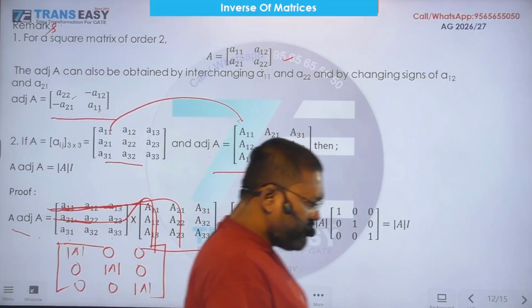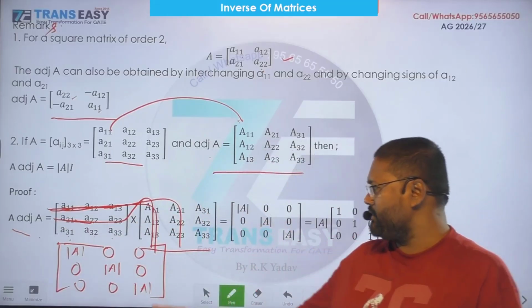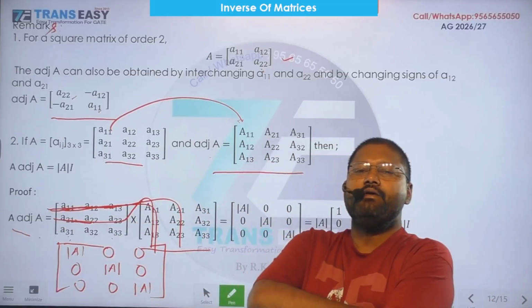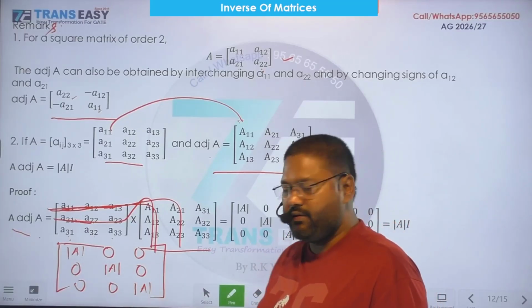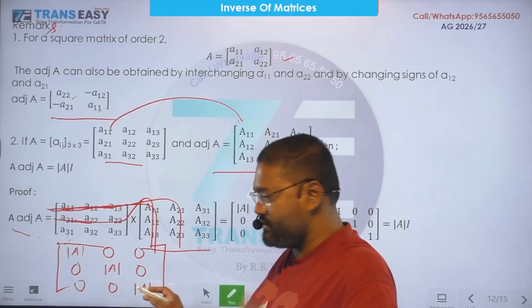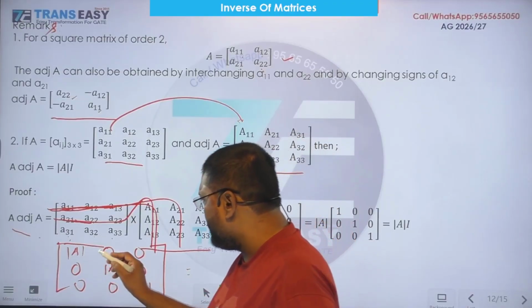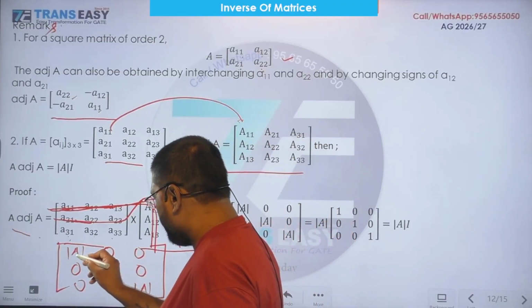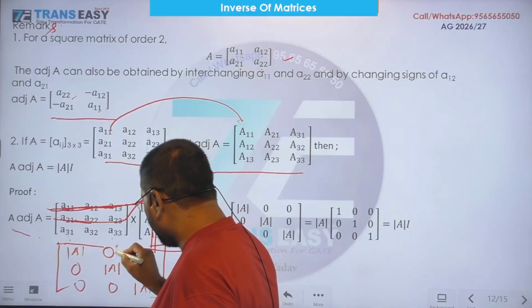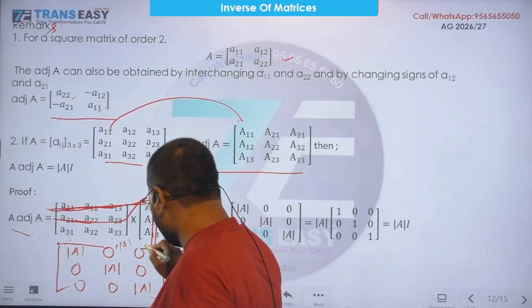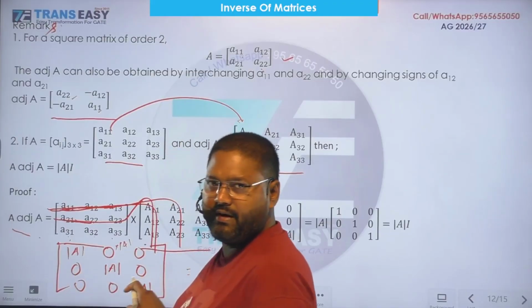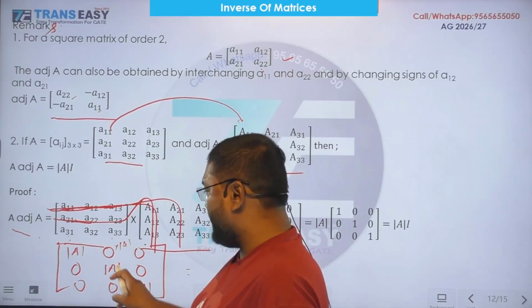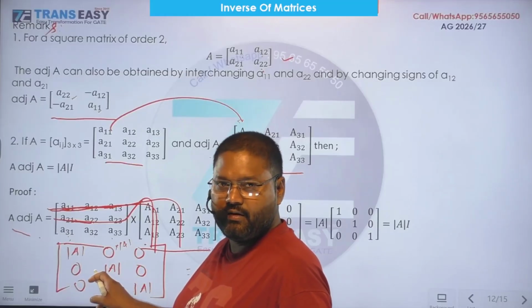We are going to draw a big conclusion. ध्यान दीजिएगा. A and adjoint A को मल्टीप्लाई करने के बाद हमें ये मिलता है. This is a matrix. तो गाइस, here we have determinant of A, 0 into determinant of A, 0 into determinant of A. तो सब में determinant of A hidden है, and this is a matrix, right?